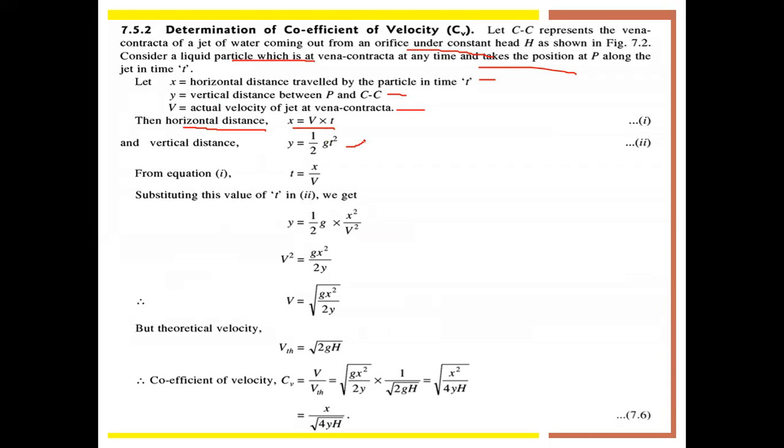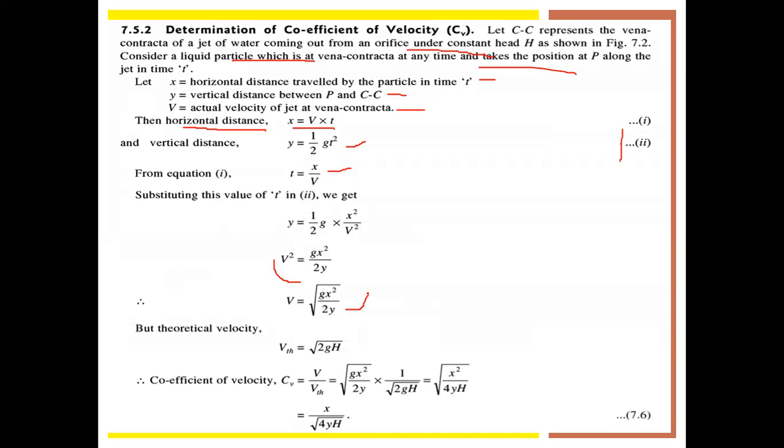From the first equation, t is equal to x by V. Substituting this value of t, we get y is equal to half g into x square by V square. Therefore, V square is equal to g x square by 2y. Therefore, V is equal to root of g x square by 2y.